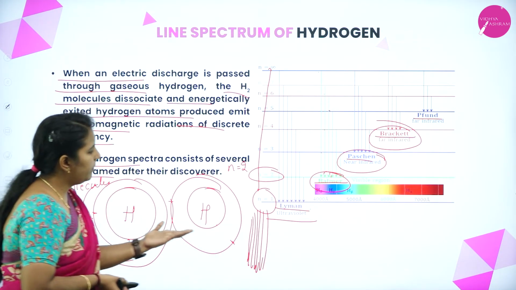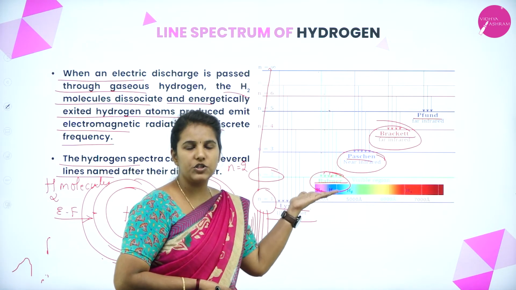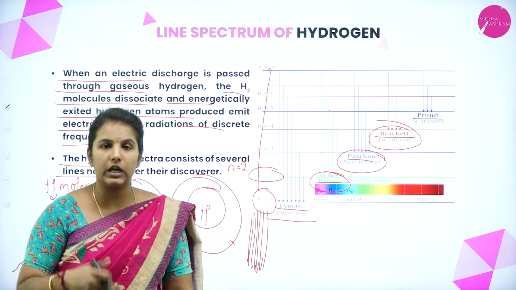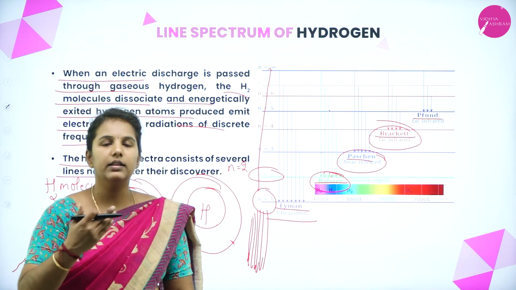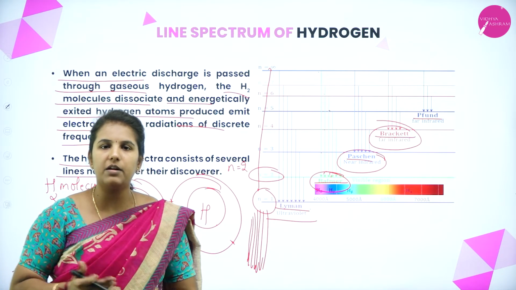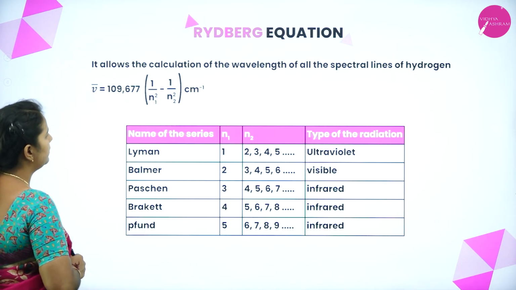So this was discovered as the Lyman, Balmer, Paschen, Brackett and Pfund series, where the electrons shift from the ground state to the excited state. Why do they shift from the lower energy level to the higher energy level? After gaining energy. Hope you all understood this concept.